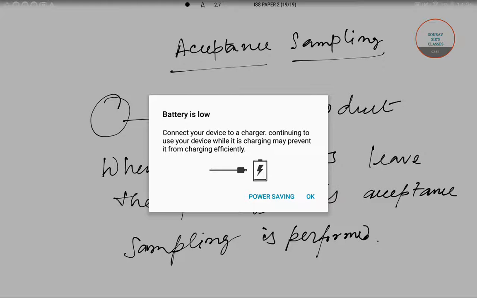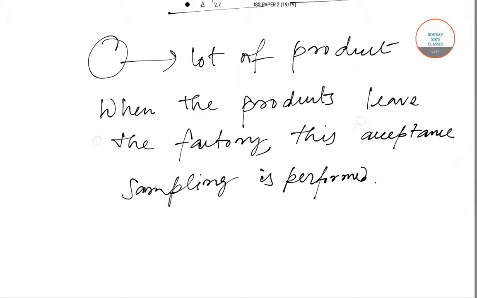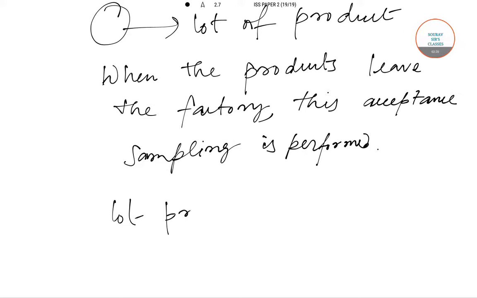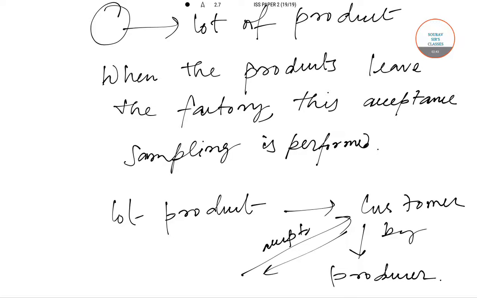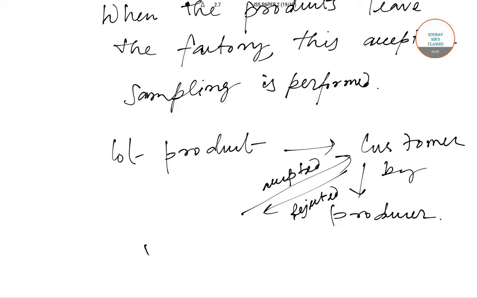So in industrial statistics, when a lot of product is delivered to a customer by a producer, whether that lot will be accepted or rejected by the customer depends on the number of defective products in the lot.